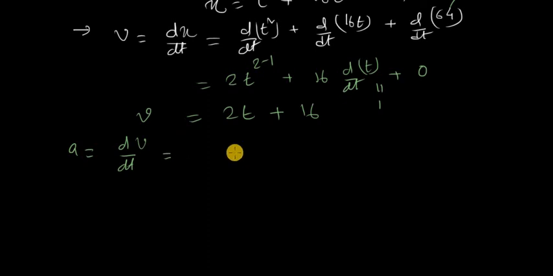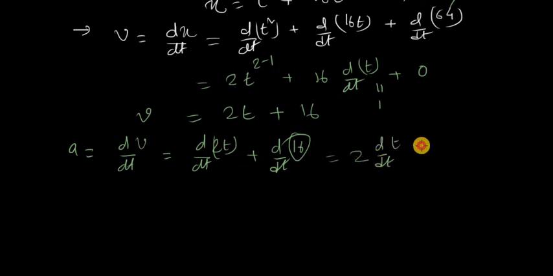Okay. So a is d/dt of v. So d/dt of v is d/dt of 2t plus d/dt of 16. That 16 is a constant, so its derivative is 0. Taking 2 outside, d/dt of t is 1, so 2 into 1 is equal to 2.